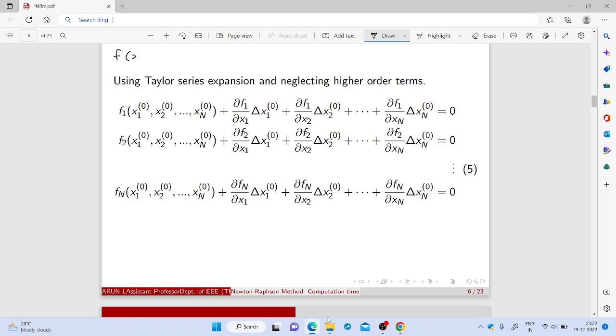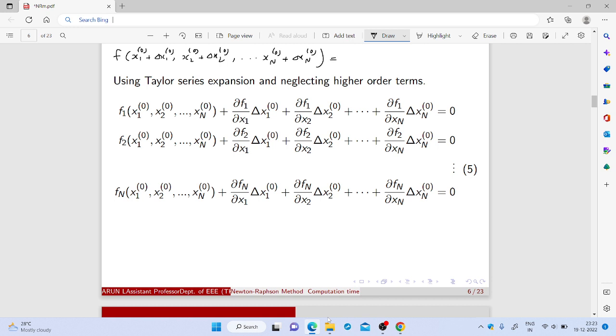So f1 of x1 of 0 plus delta x1 of 0 comma x2 of 0 plus delta x2 of 0, like that, xn of 0 plus delta xn of 0.